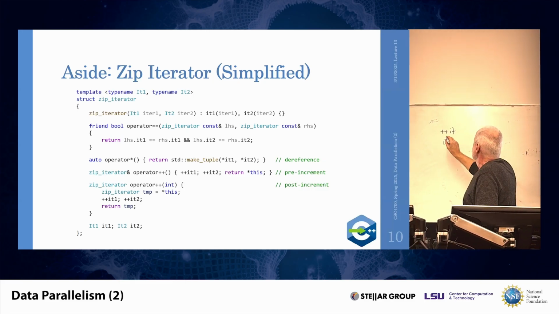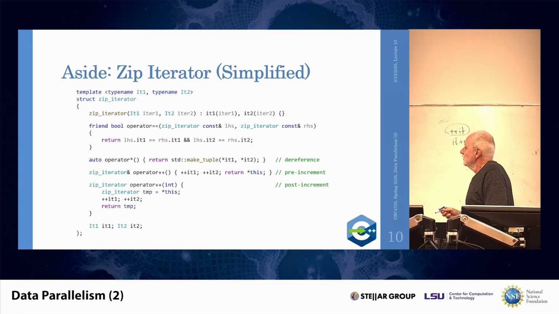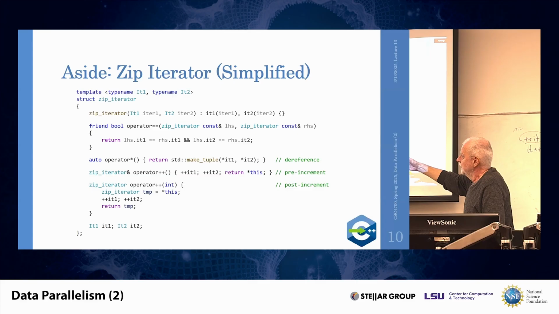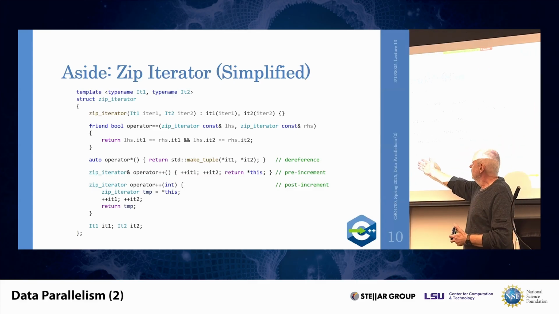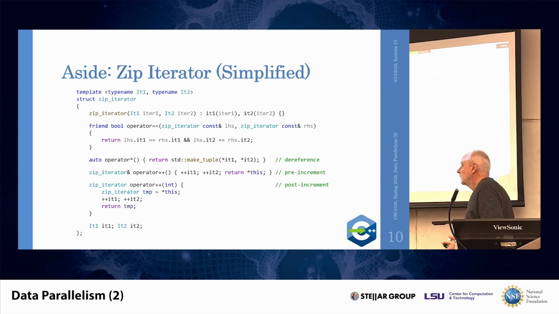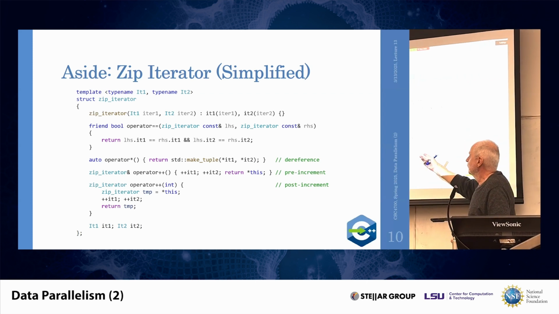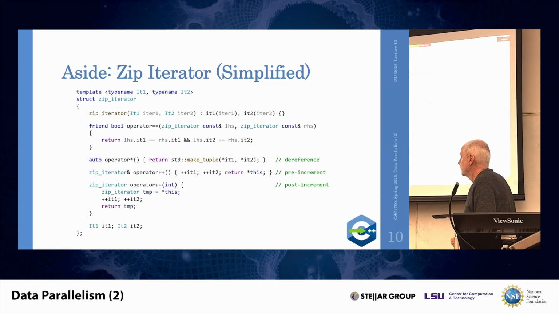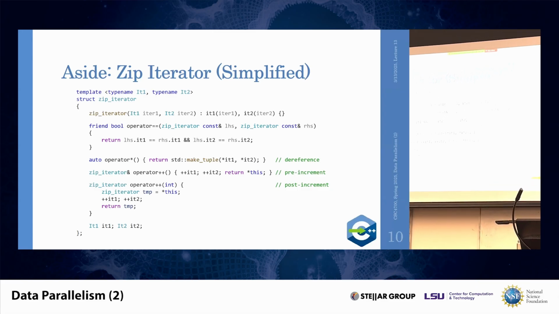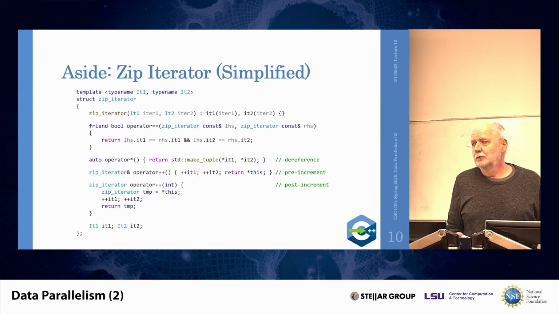But the first might be more performant than the second one. And in the implementation, you see very nicely why. Because the post-increment requires you to take a copy, which is not required for the pre-increment version. And that's the reason why C++ programmers usually use pre-increment for their loops.